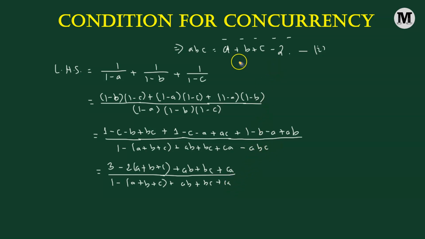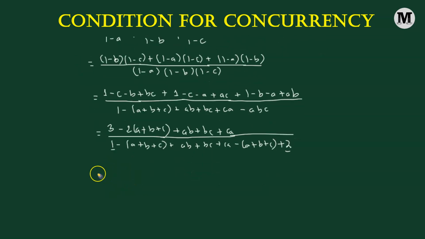So let's use whatever we obtained for abc in equation number 1. Replace abc with a plus b plus c minus 2. So we should get negative (a plus b plus c), and the negative of negative 2 makes it positive 2. As we can see here, this 2 and this 1 get added to make it 3.